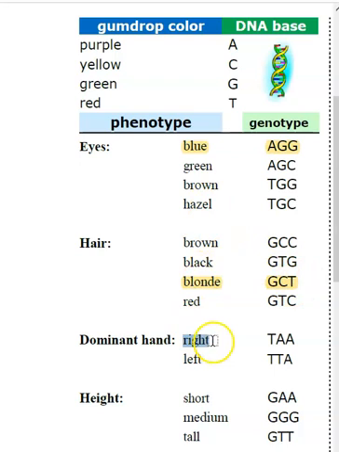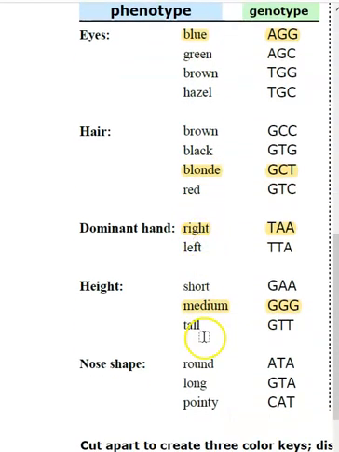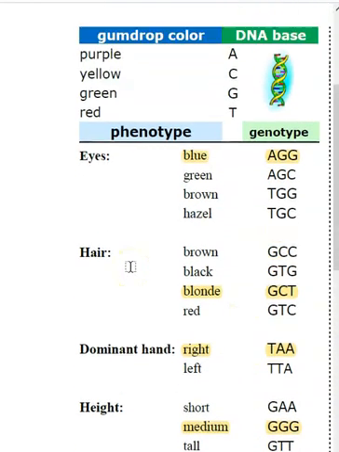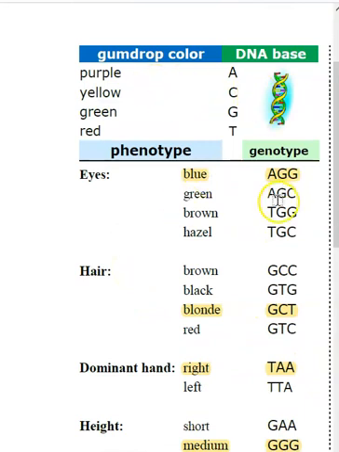My dominant hand is my right hand, so I'm the TAA. I am medium height, so I'm the GGG. And lastly, my nose shape is round, so I'm going to say the ATA. Each of these letters, AGG, GCT, whatever they are, they go with a specific color.